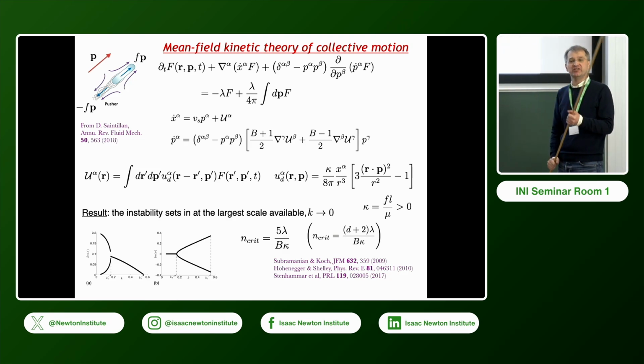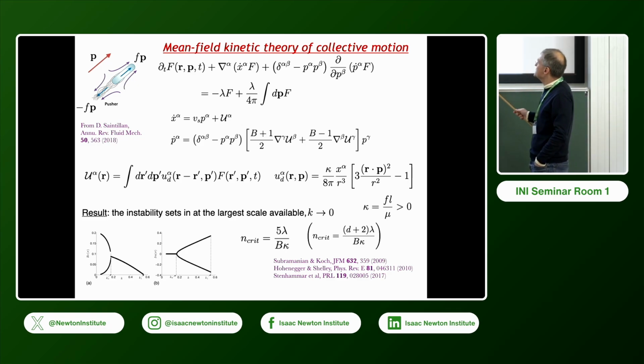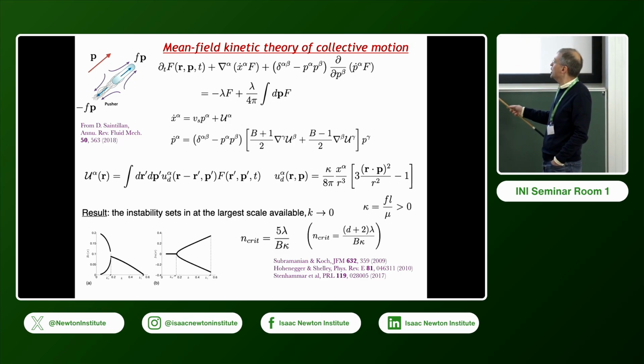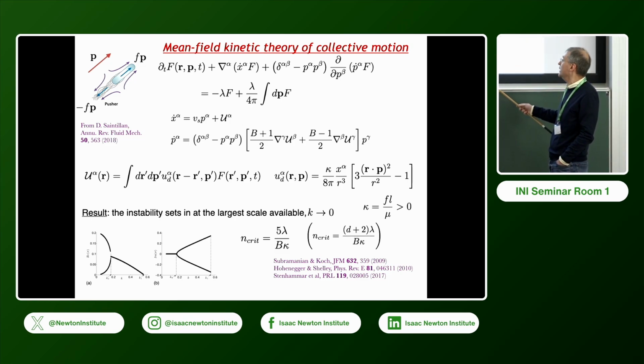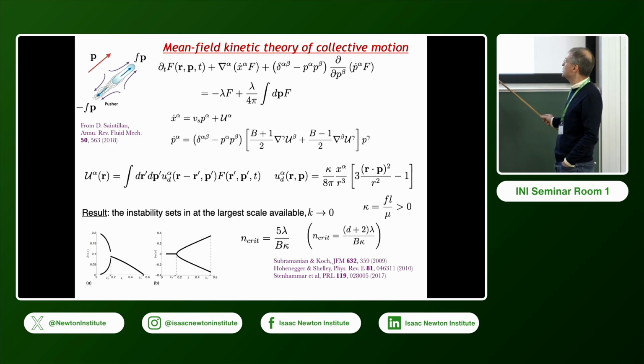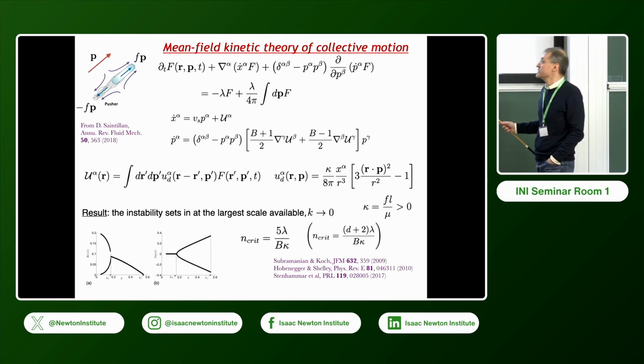It's only the orientation that matters. And what appears from that calculation is there is a critical threshold set either in terms of the critical density of the bacteria, or, if you are also determined to do this in simulations, you can either choose the tumble rate or the dipolar strength, above which the system becomes unstable.